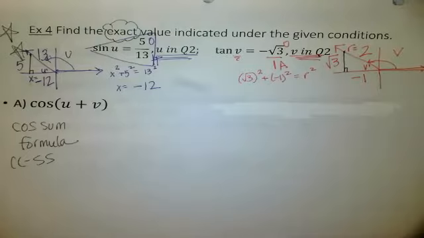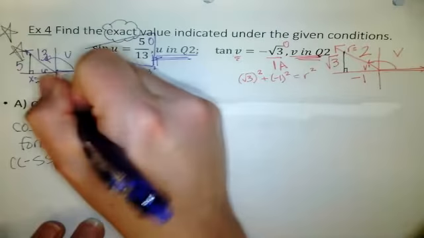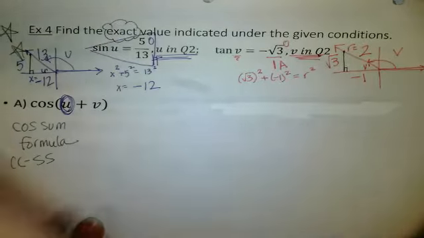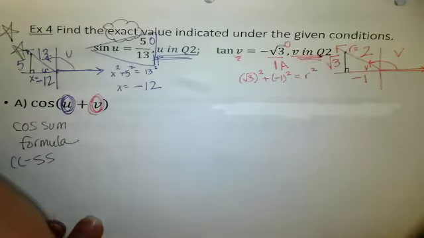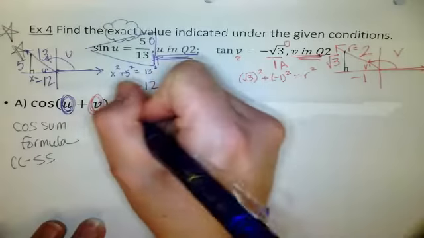Good? Okay. All right, now that we have drawn our angles, we can actually evaluate this thing. I've got my first U angle is purple, my V angle is red, and I get to expand now using my formula.